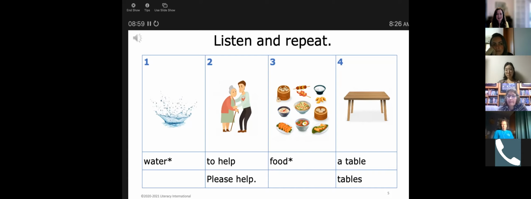And so as you're demonstrating it, if you can say it that way, it will help your students' speech sound a little more natural. We can also point out here, so a table is 1 and tables, plural, is 2 or more. So a table, 1, tables is 2 or 5 or 10 tables.